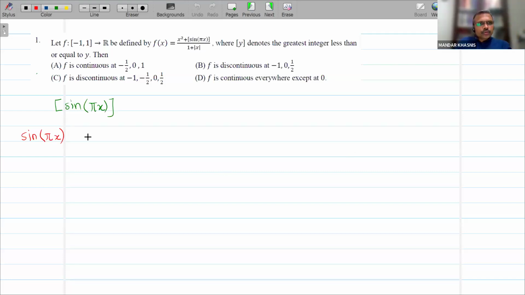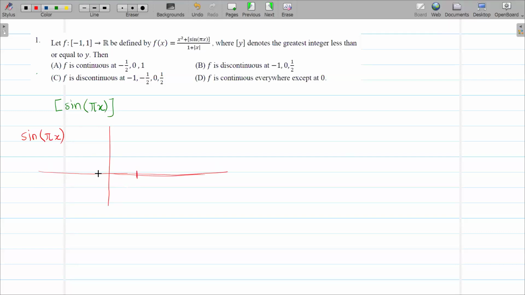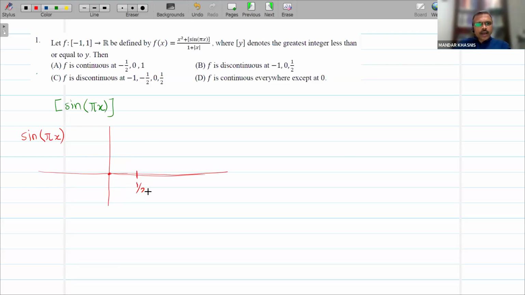Let's try it out. Sin pi x, how will the graph look? Sin pi x ranges between minus 1 and 1. At 0 it's 0. At half, it is sin pi by 2, which is 1.